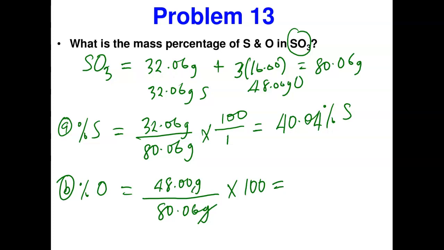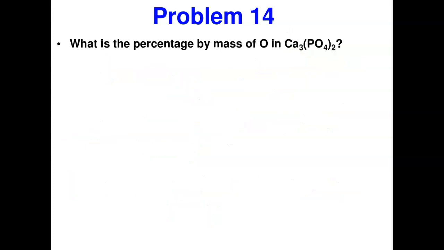Again, we cancel grams. If you multiply this, it's going to give you 59.96% of oxygen. So this is how we do mass percent. Mass percent is just a simple way of calculating the percentage of elements.